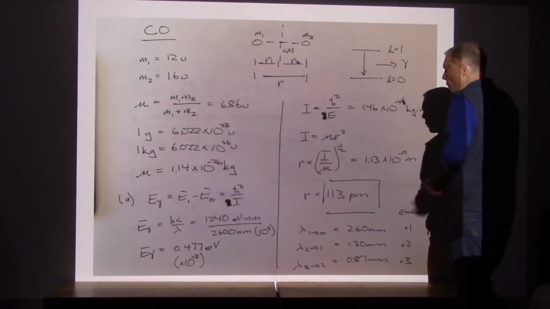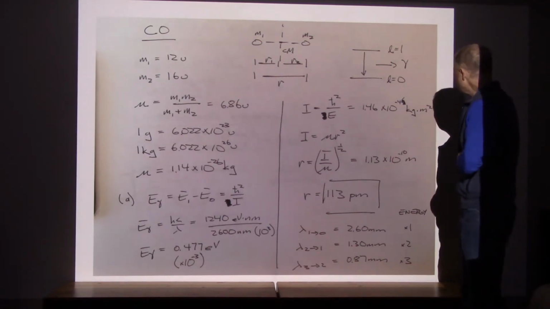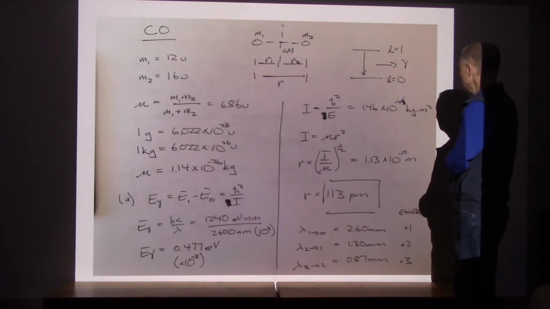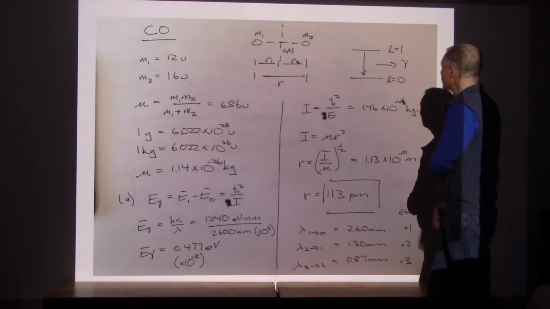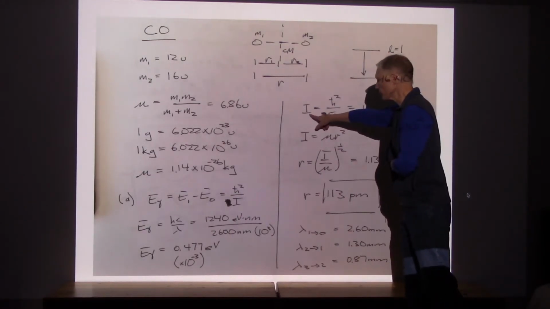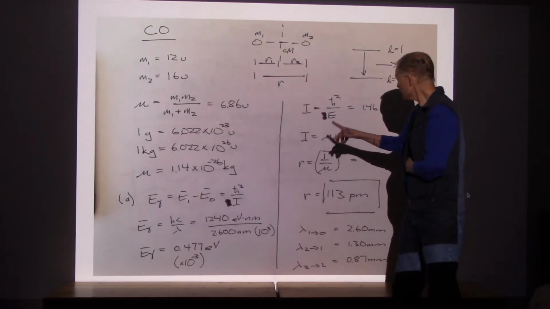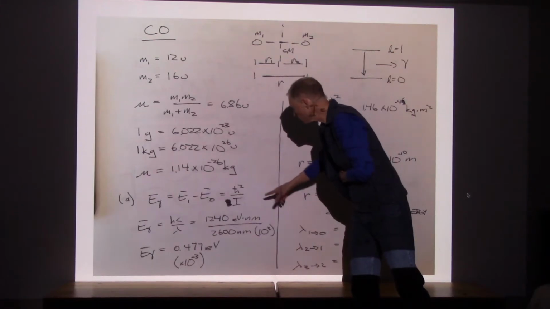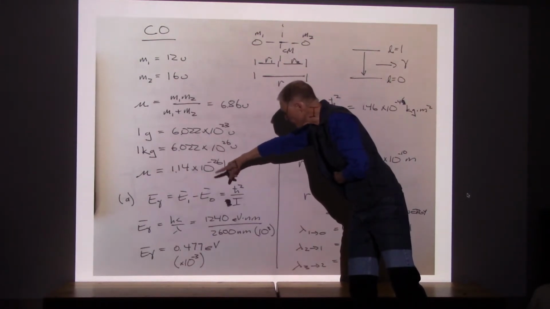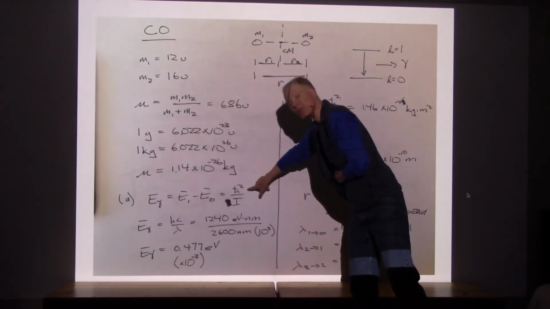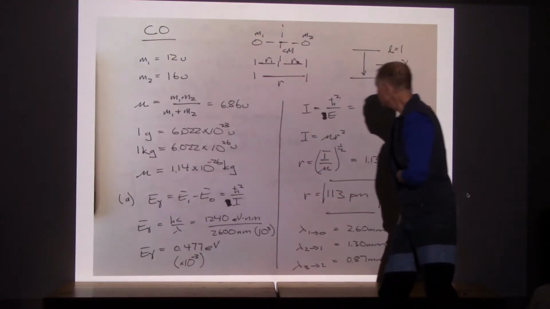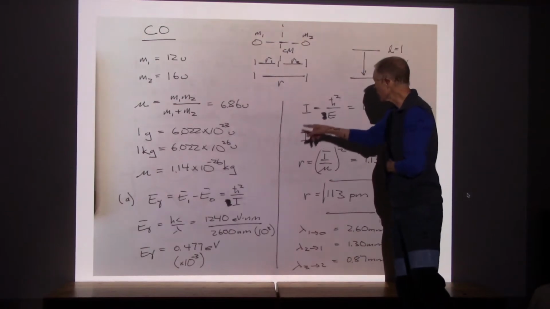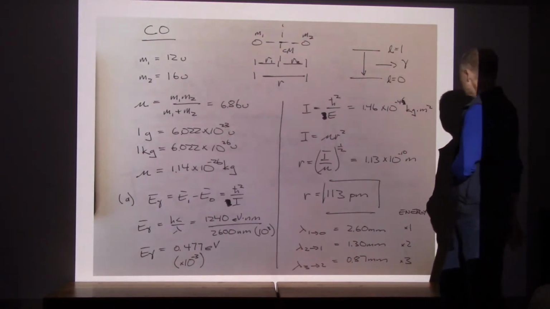So that's the energy of the photon, and we can use it to determine what the rotational inertia will be. Since the energy of the photon is related to the difference between the two quantum states, and that's h bar squared over I, we can use that relationship and solve for the rotational inertia.